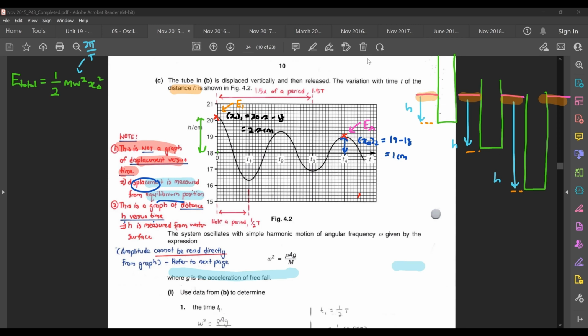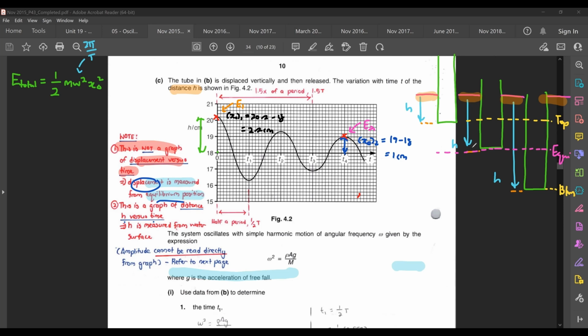So think about it. If this point here is actually your equilibrium, and then this point here is your bottom position, and this point here is actually a top position.